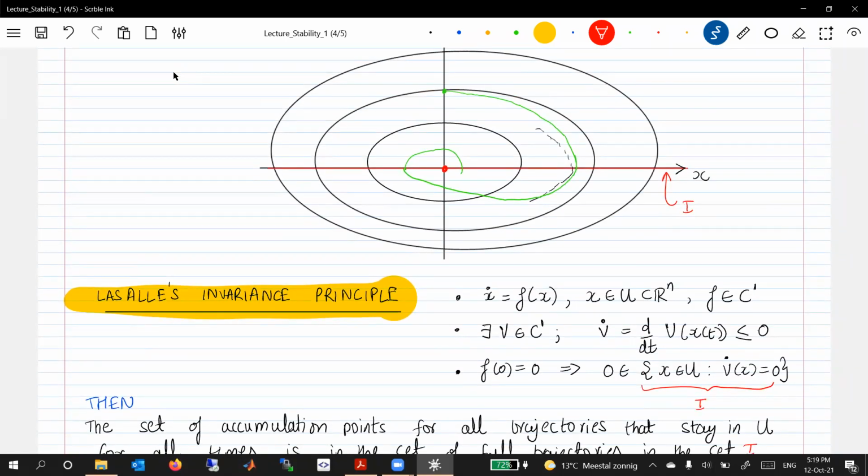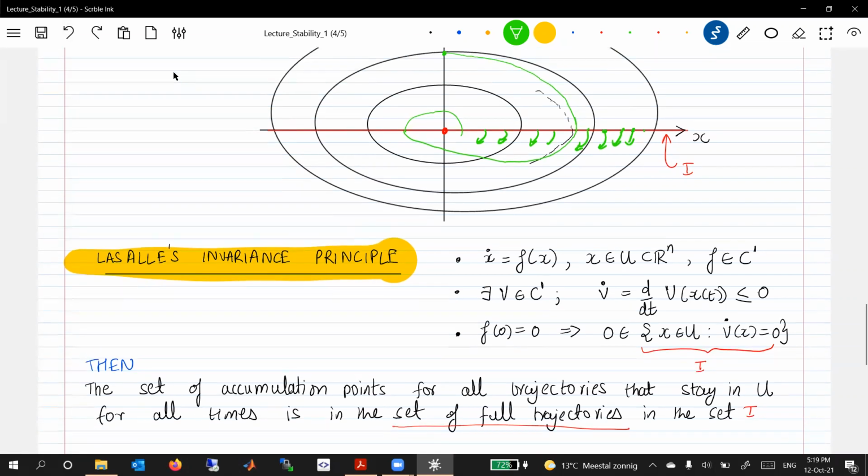So what are the set of full trajectories in this set I? We know that any initial condition we start at any point would always go away from it. So this set actually does not contain any full trajectory. What is a full trajectory? A trajectory which is contained inside the set I. Can anyone see a full trajectory?